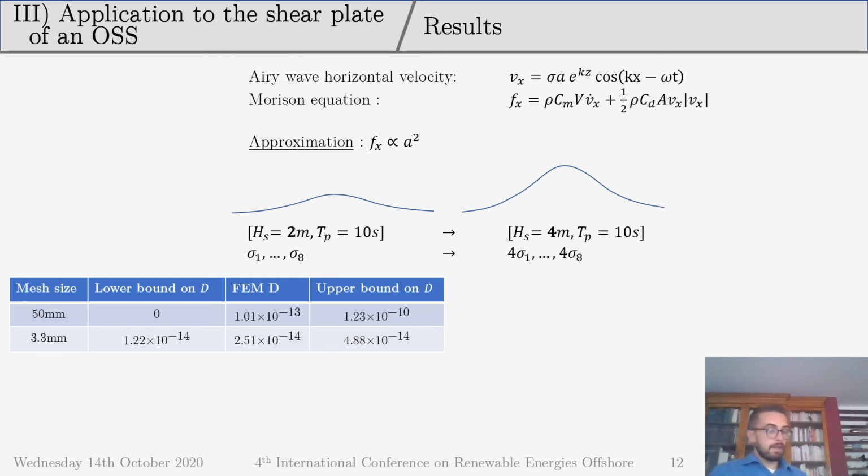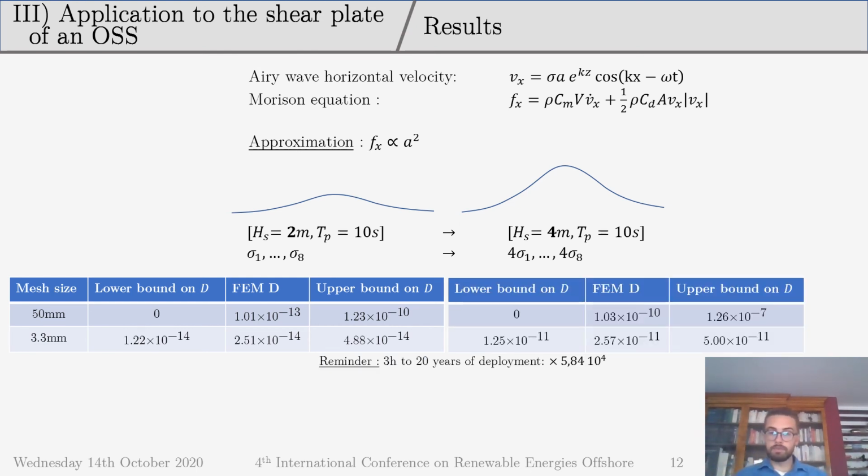So then I plotted on the left the table you've seen just before, and on the right the one we obtained by running only the local problem with boundary condition given by 4 times the one for HS equal 2 meters. What you can see is that the order of magnitude on the fine mesh is now 10 to the minus 11.